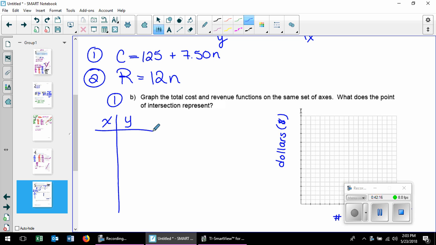Okay, so at 0, I'm doing equation 1. Let's do a quick table of values to make me feel better about life. Okay, so if I produce no t-shirts, what's the cost of that? $125.